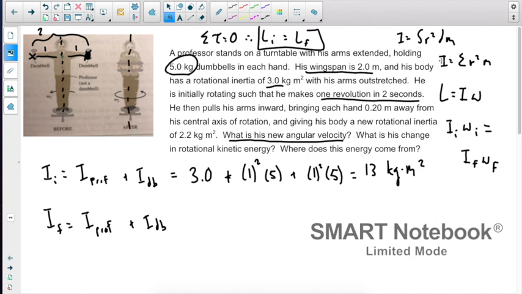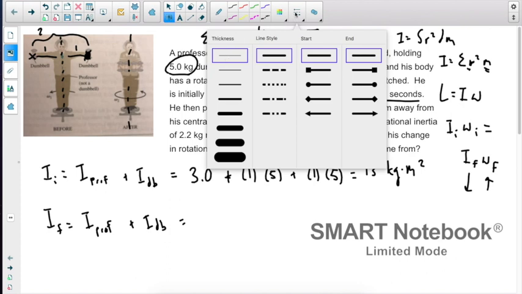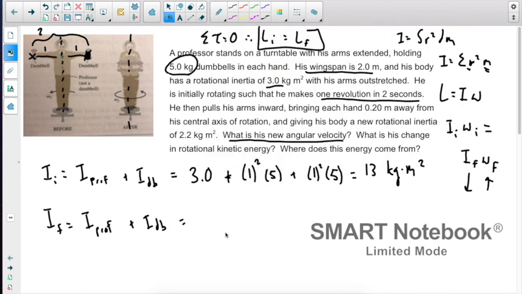And remember that rotational inertia is bigger when we have more mass farther away from the axis of rotation. So by bringing those dumbbells in close to his axis of rotation, he has lowered his rotational inertia. And according to this equation, if rotational inertia has decreased, rotational or angular velocity must have increased. I can guess that this is probably going to go up.